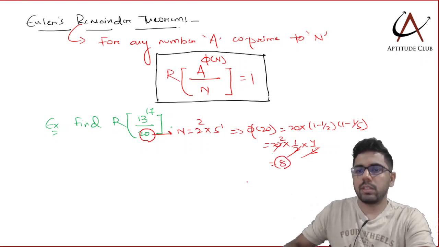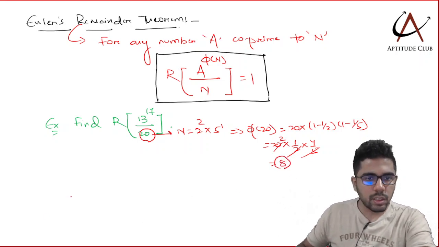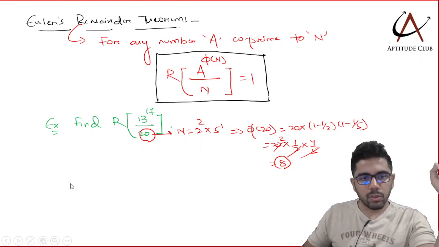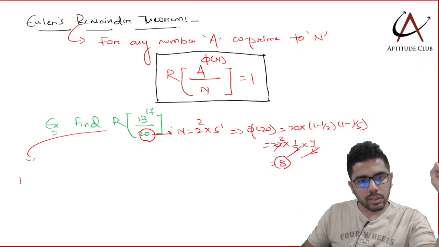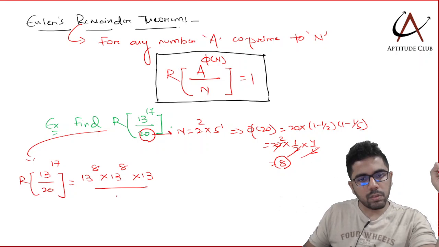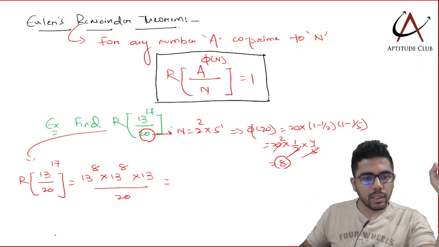So you get 8. Once you get 8, then जैसे Fermat's theorem का principle था, it is exactly like that. What you do is you have to calculate this remainder of 13 to the power 17 divided by 20. You break it as 13 to the power 8 into 13 to the power 8 into 13 divided by 20. Why do you break like this?